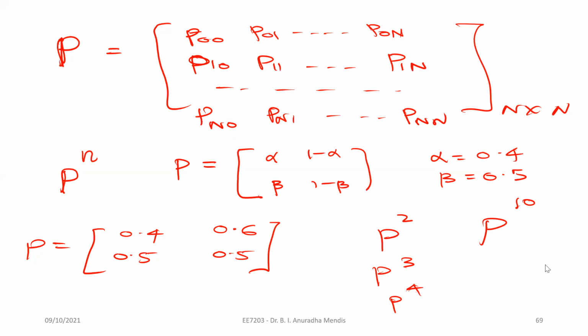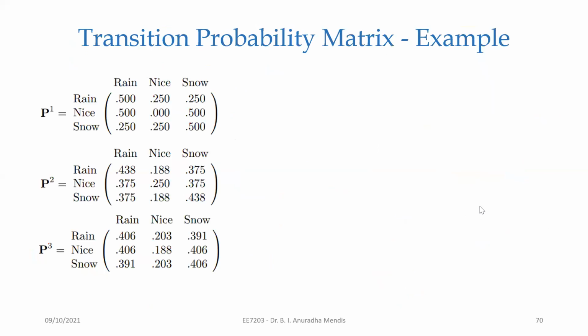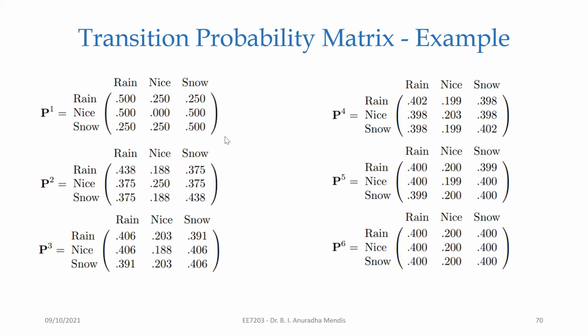I will not do it. You have to try it and check. If not, let me know. For example, it should be like this. All the columns converge. One column converges to one particular value if n is very large. So check it.